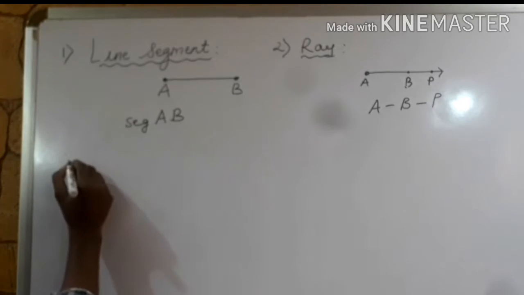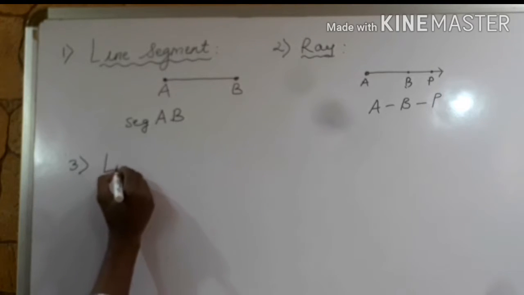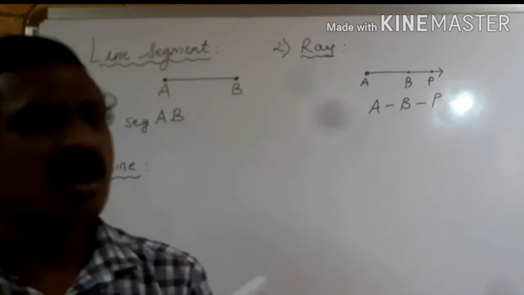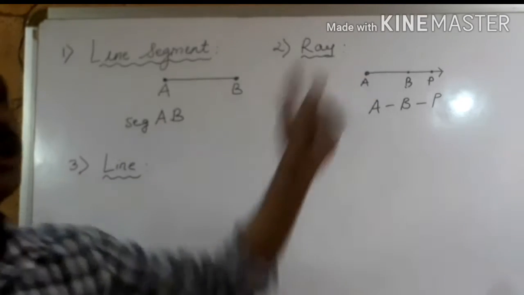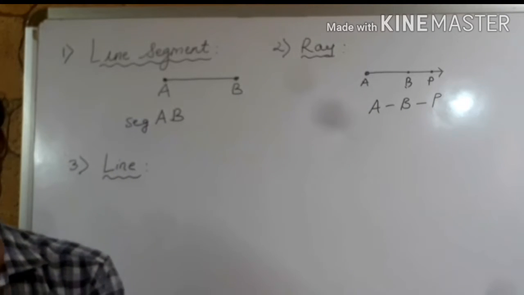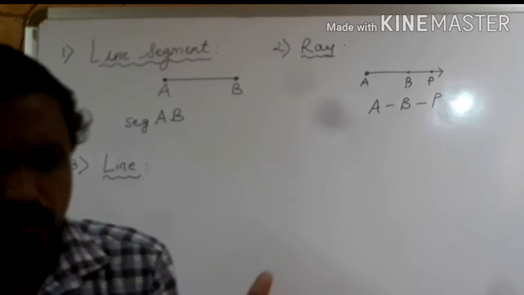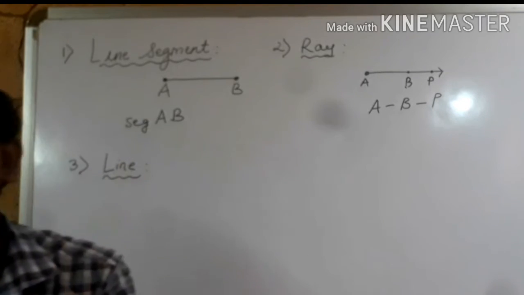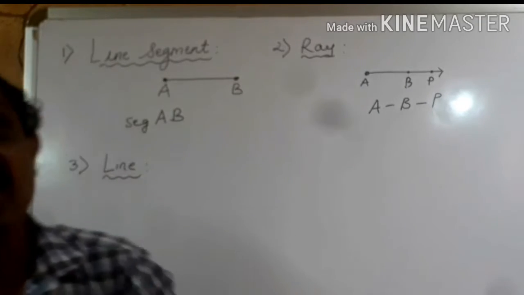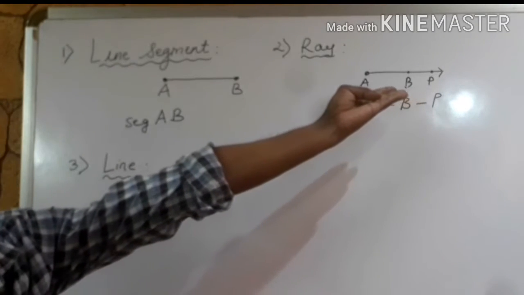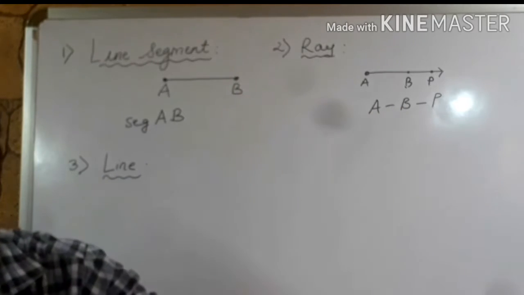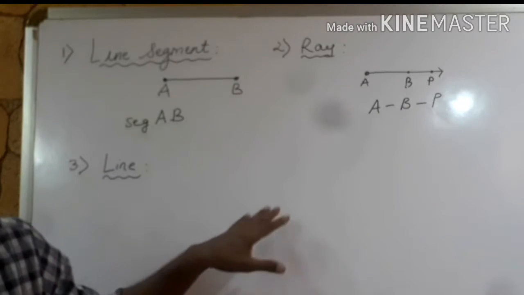Let's take the line. What is a line? Look here, we've got ray AB. The union set of points on ray AB and the opposite ray of ray AB is called line AB.